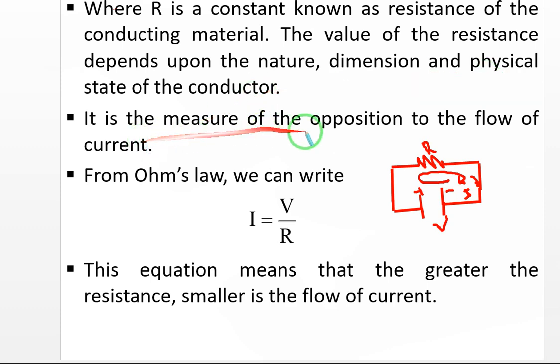And it is the measurement of the opposition to the flow of current. So whenever you have a resistance, it's an opposition. When you are going hiking on a hill, the hill is basically a resistance. So the resistance in the conductor is also a kind of opposing force.